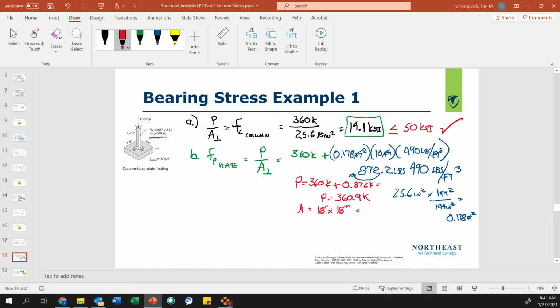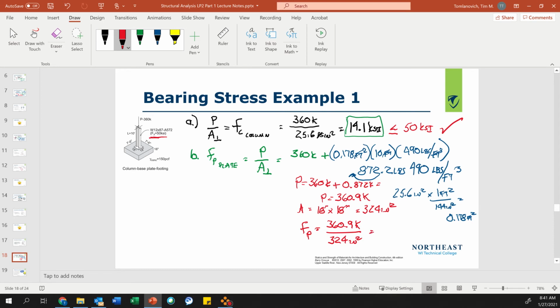Okay, so 18 squared, and that's 324 square inches. So our F_P of the bearing plate is 360.9 kips divided by 324 square inches.